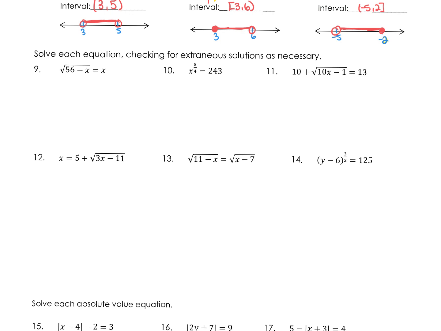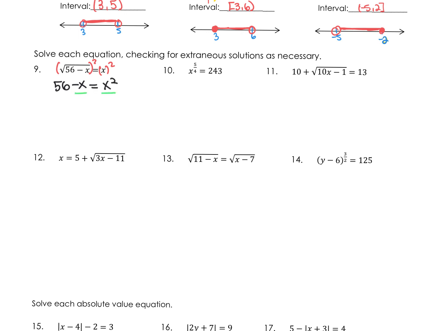So now let's solve some radical equations and some rational equations. So with radical equations, first you want to isolate the radical. Right now this one's by itself, so to get rid of the radical, we square both sides. On the left, that will leave us with 56 minus x because it undoes the radical, and then we'll have x squared here.